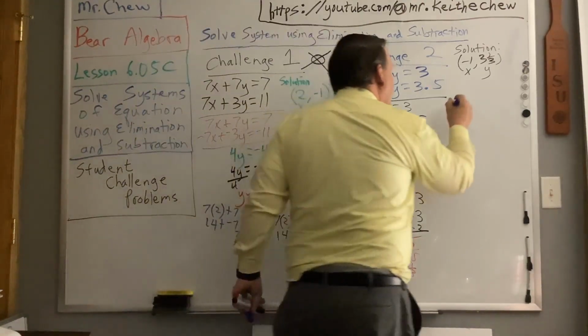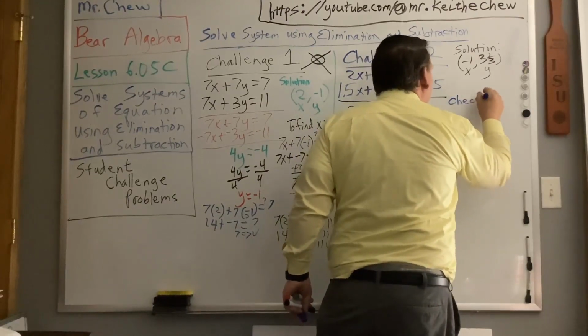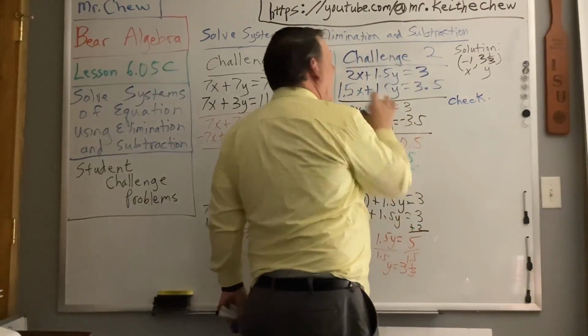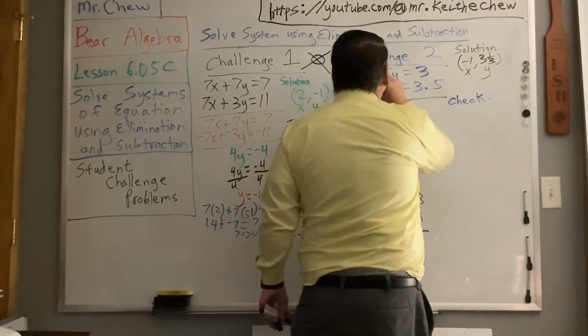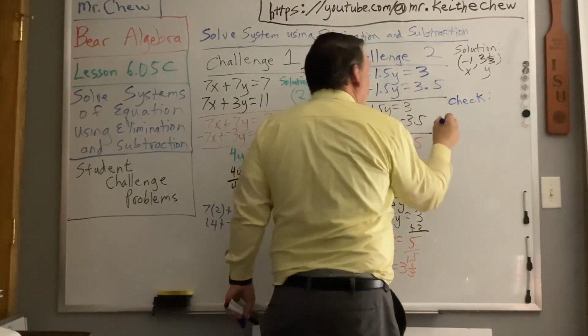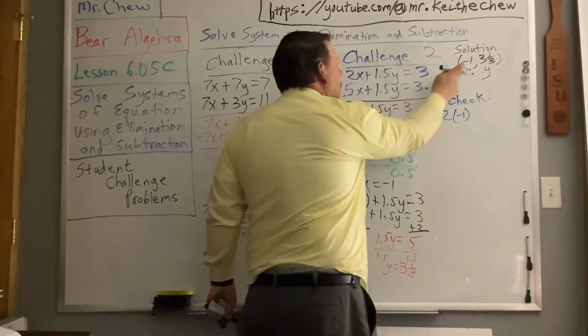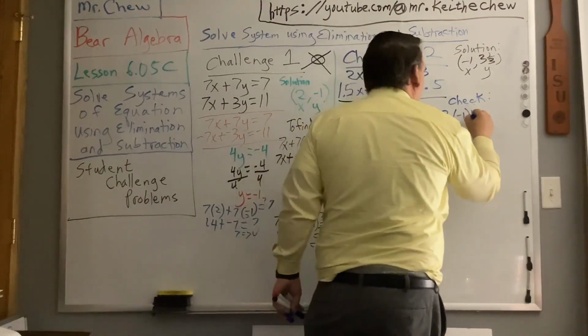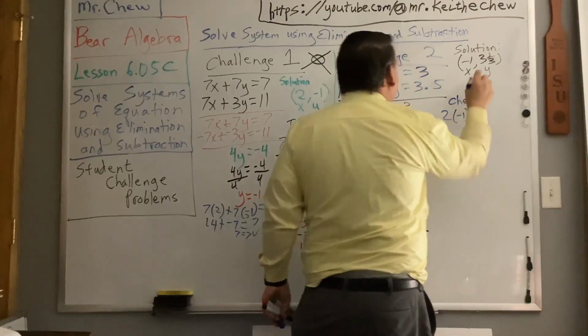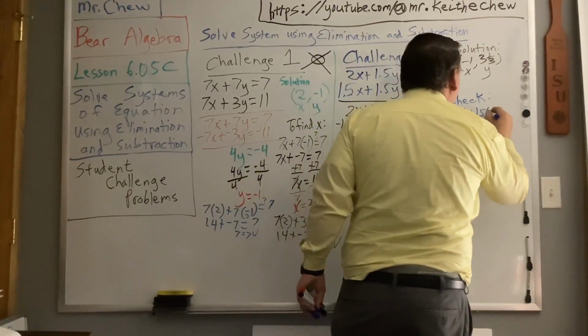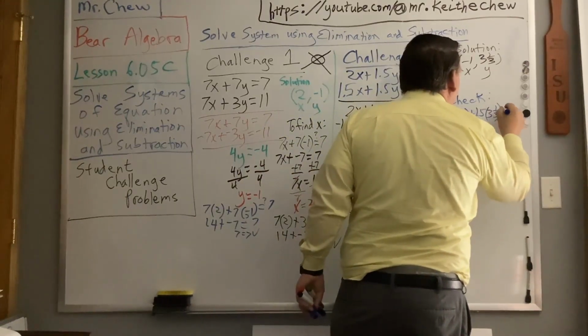So let's do our check here. So I take either one. I'm going to take the top one to start with. 2 times my negative 1, that's my x, substitute it in, plus 1.5 times 3 1/3. This is where it gets a little funky.